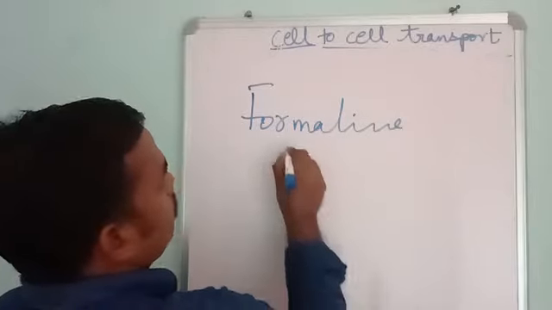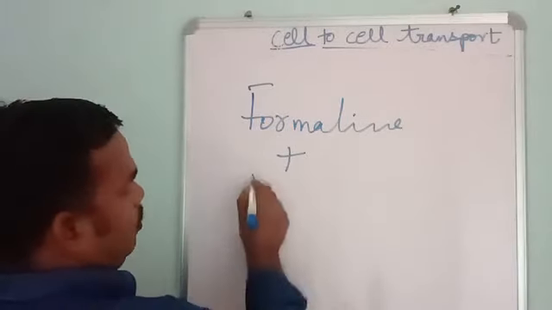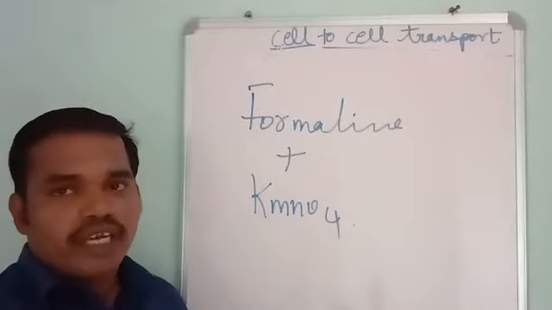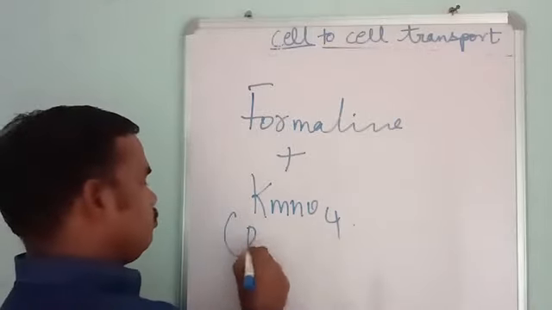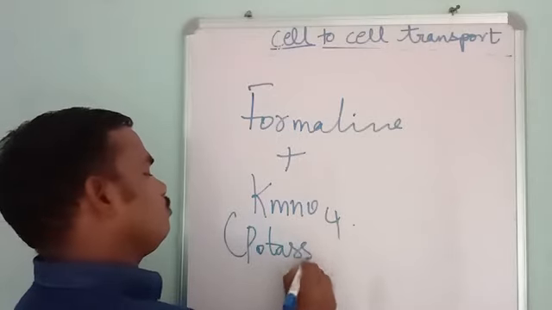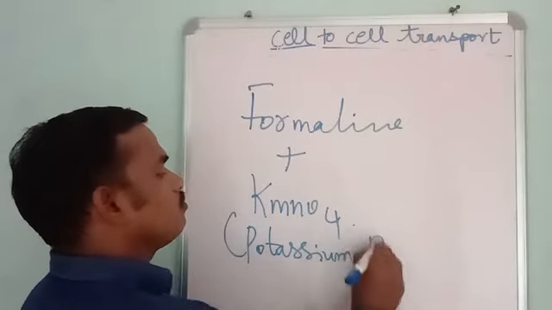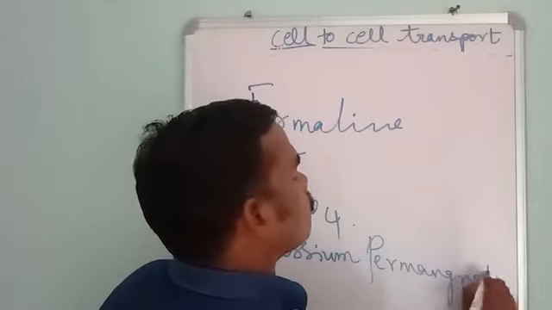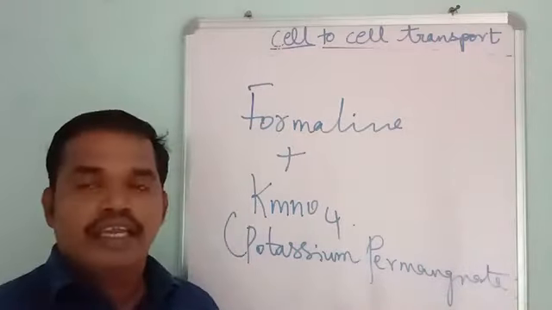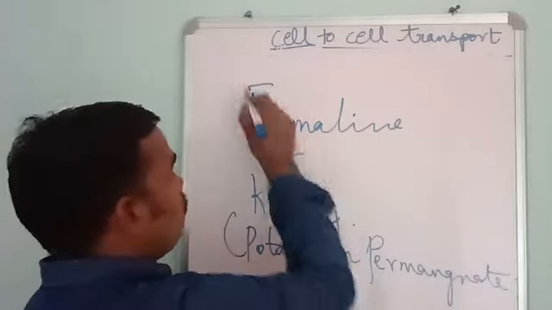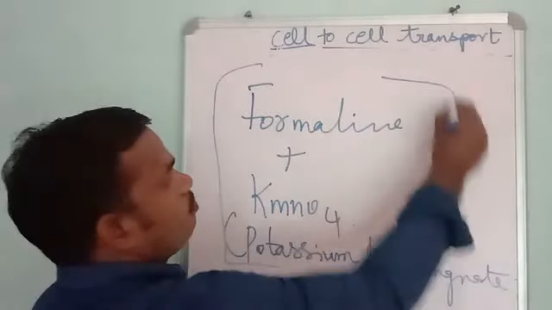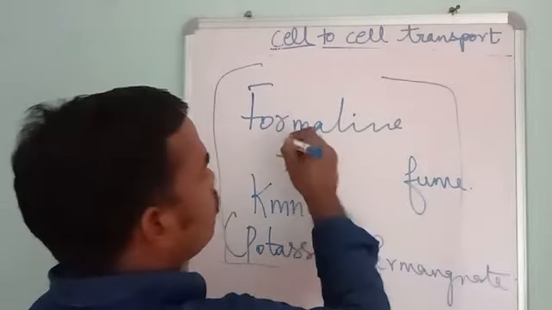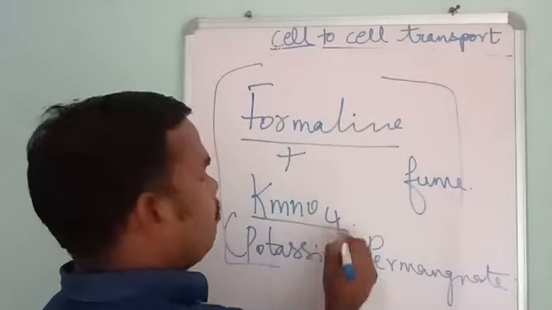What is KMnO4? Potassium permanganate. So they make a fume by using formalin and KMnO4.